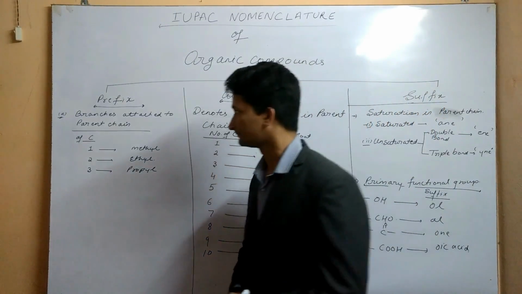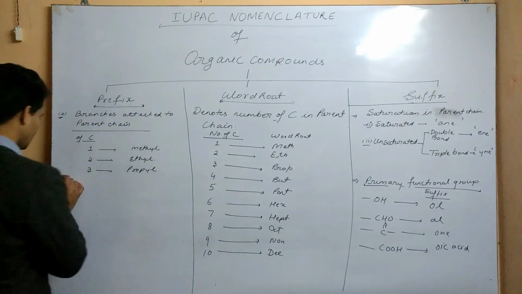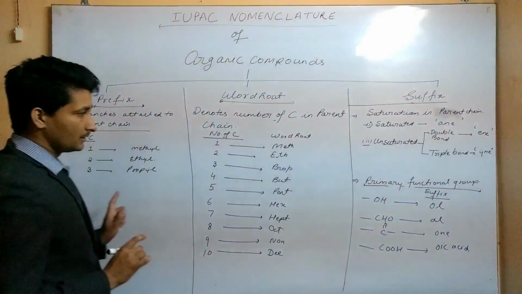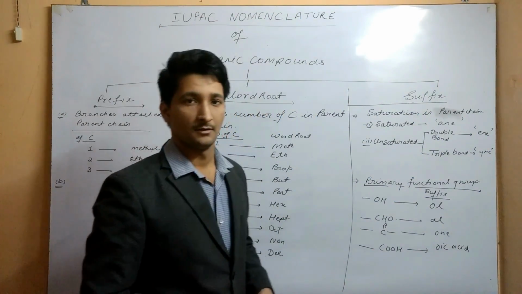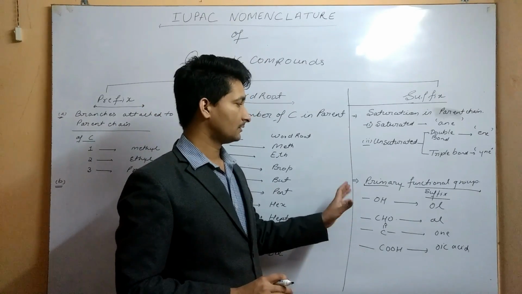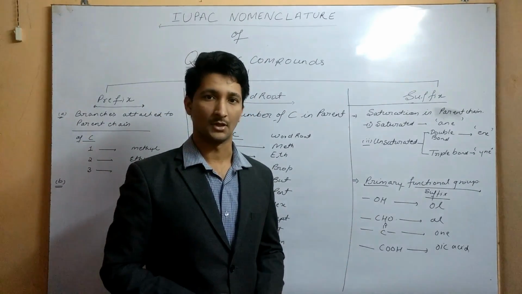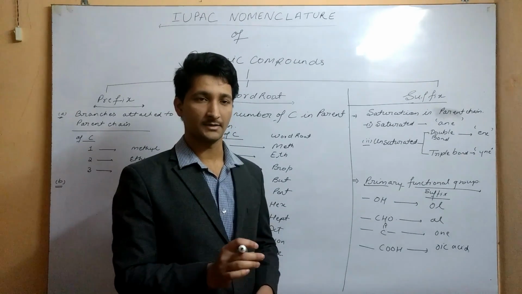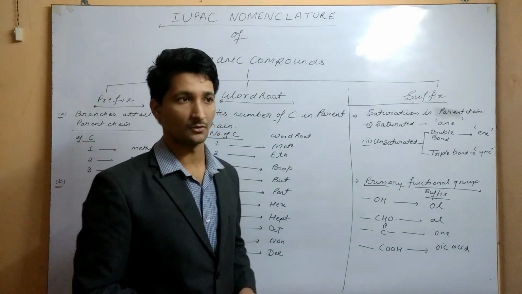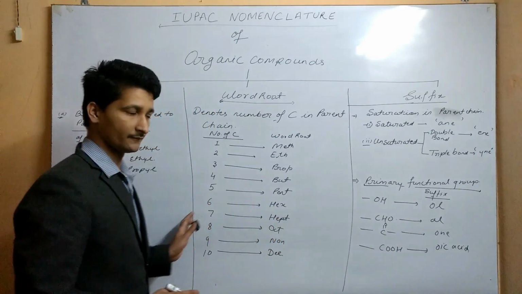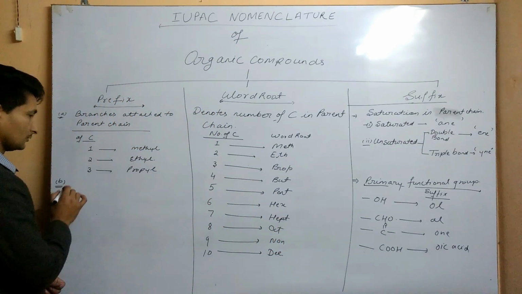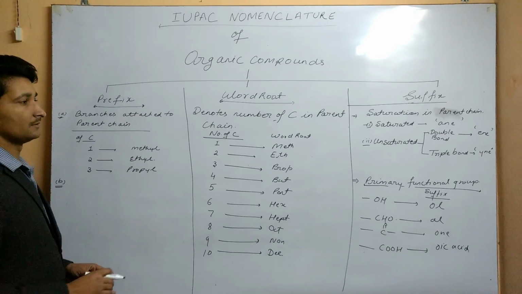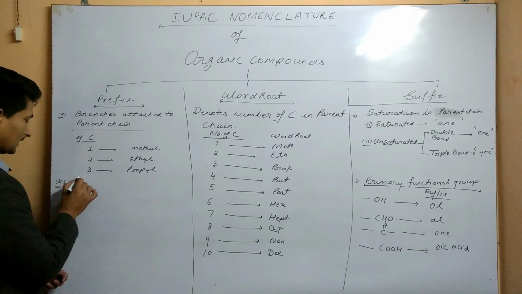Okay, now one more thing. In the case of the suffix, we can write only one functional group. If there is more than one type of functional group, then except one, all the other functional groups will be mentioned in the prefix. Those functional groups which are not primary, which are not basic, we call secondary functional groups.